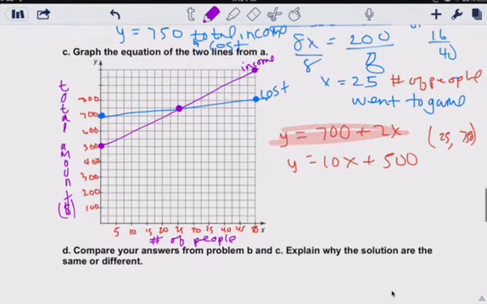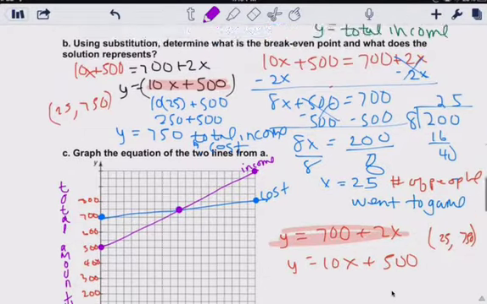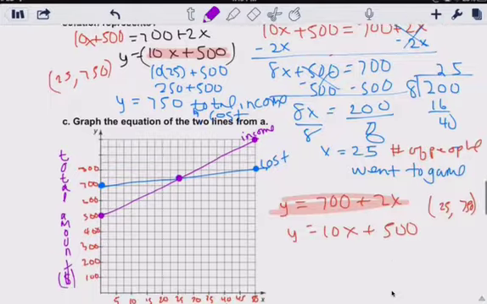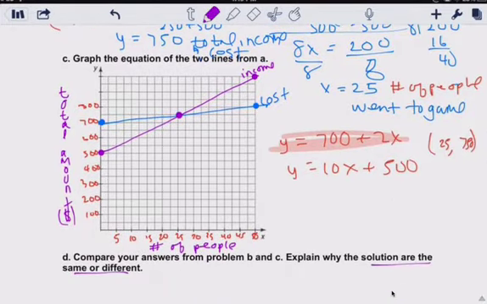Compare your answers to part A and part B. Explain why the solutions are the same or different. The solutions are the same, right? Now, on the test, I'm probably going to ask you something like this. Problem number 1.